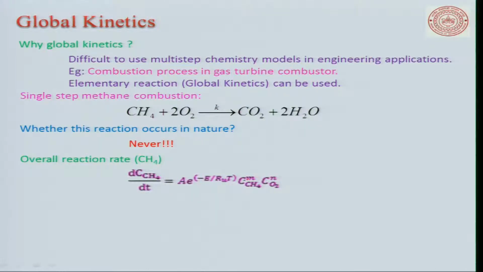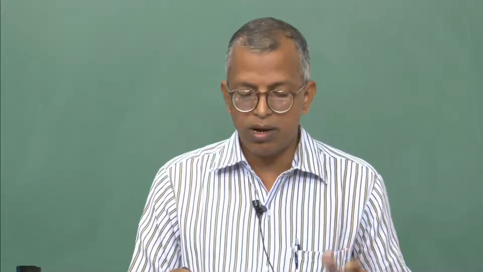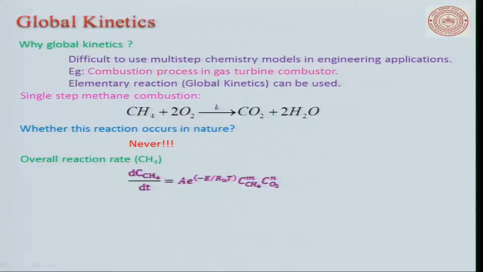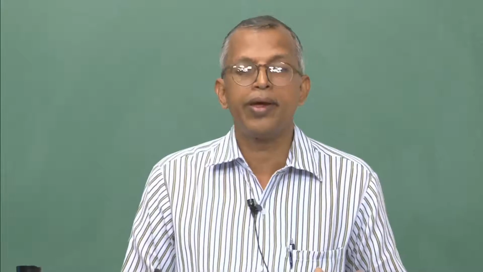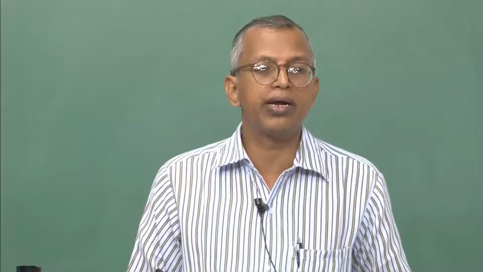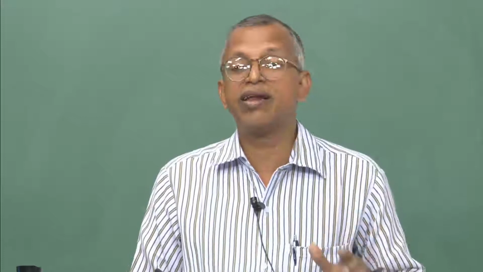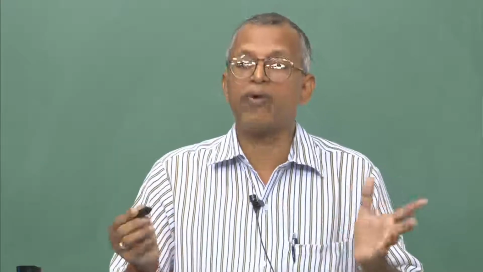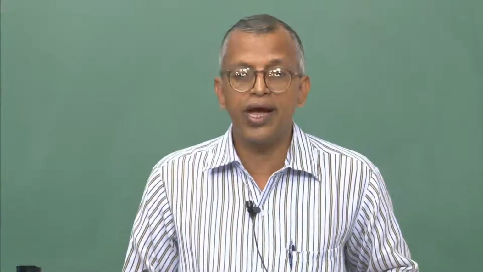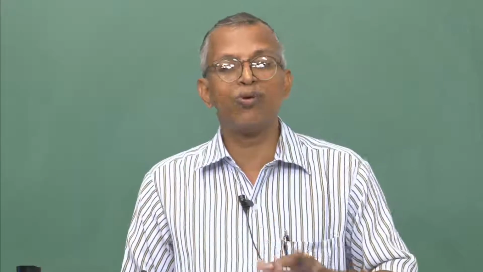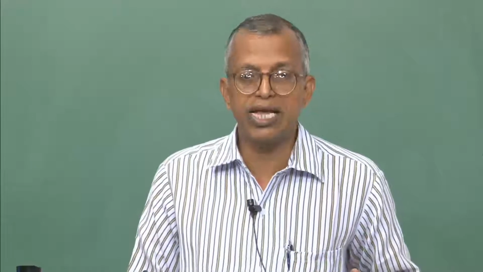These m and n are coefficients which are to be determined by some mathematical tools, and so also the activation energy E and the pre-exponential factor A. Those values will be obtained by a mathematical model such that it can replicate the heat release profile, because we are interested in how much heat is being released. If it could manage to do that with this global reaction, you will be happy, but however, there are a lot of problems associated with it as well.